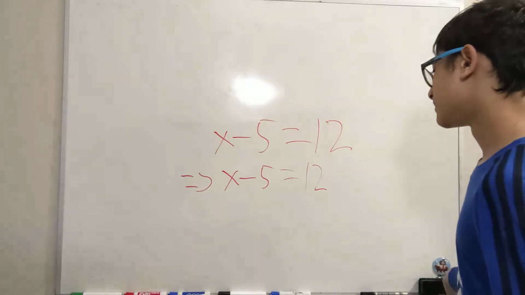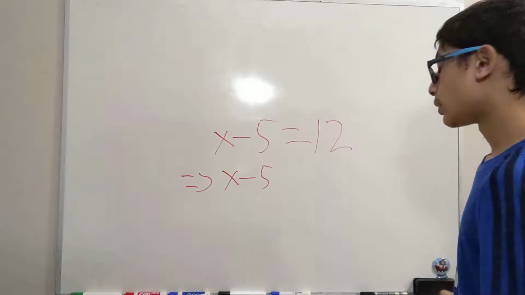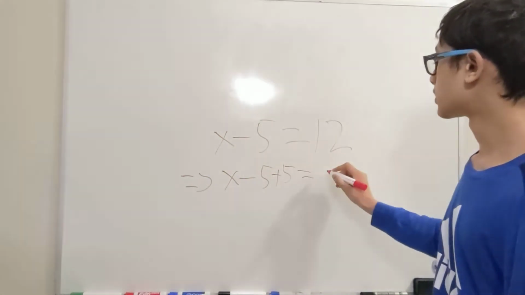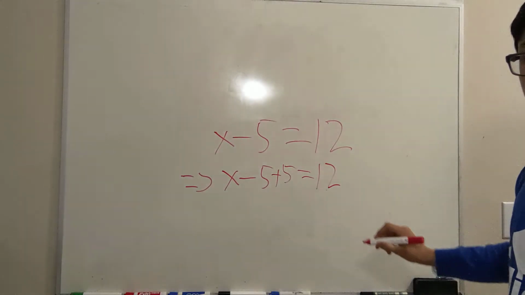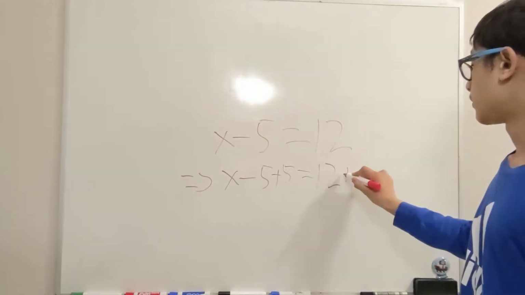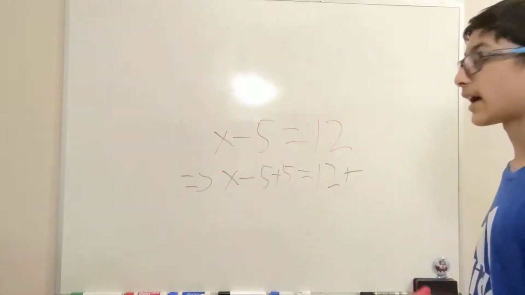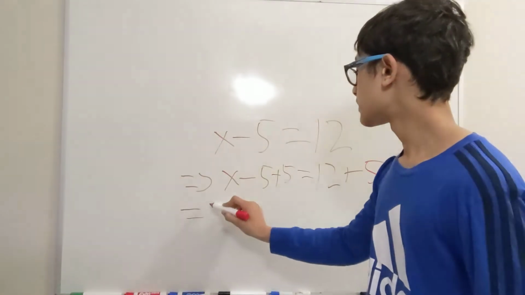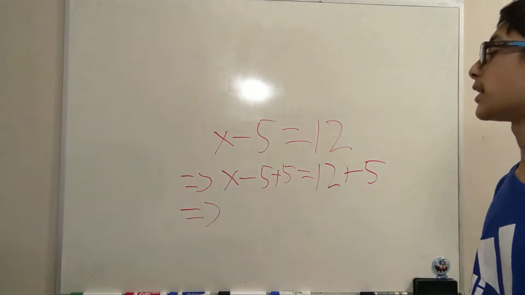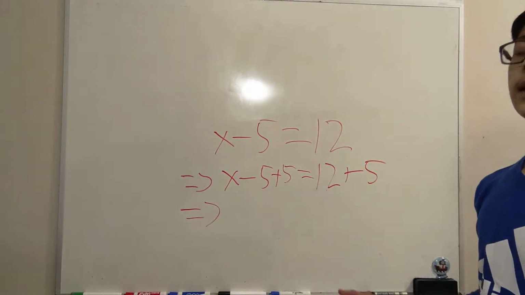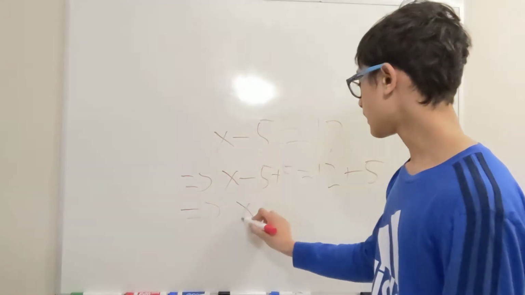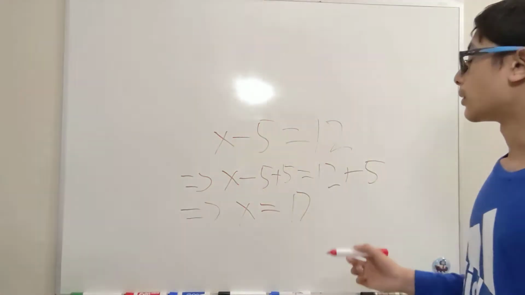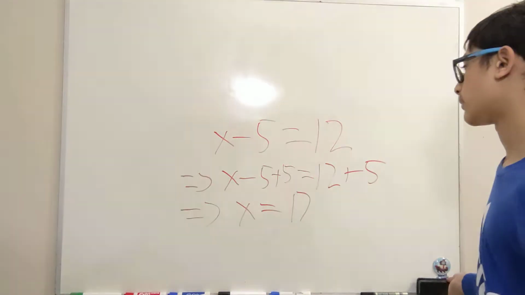Then we add 5 to this side, and to keep it equal, we have to add 5 to the other side. So this implies x minus 5 plus 5. What's minus 5 plus 5? It's 0. So x equals 12 plus 5, which is 17. So here we find that x equals 17.